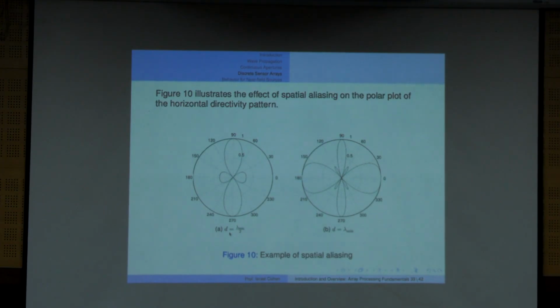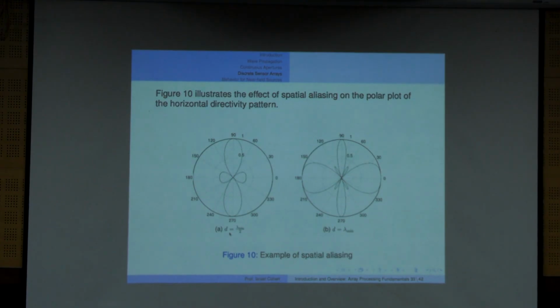Okay, so I talked about radar. I transmit a signal, an electromagnetic wave. I receive it back, and based on the phase differences, I know what is the direction that it comes from.